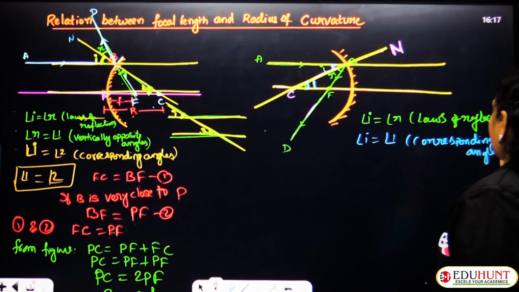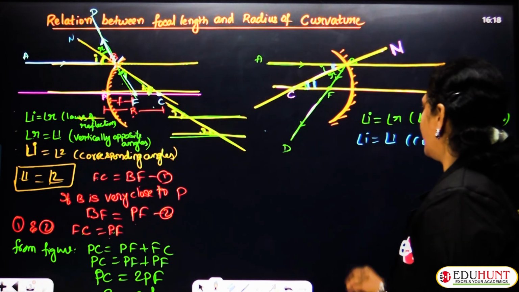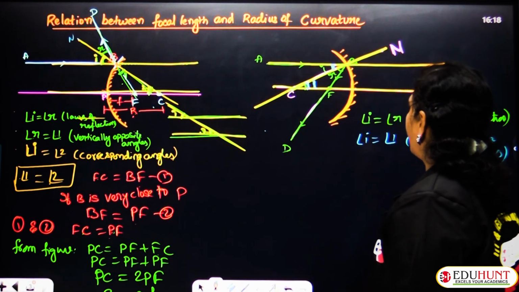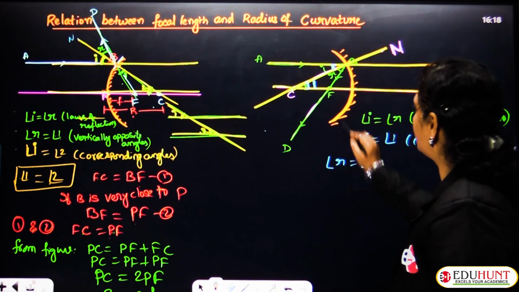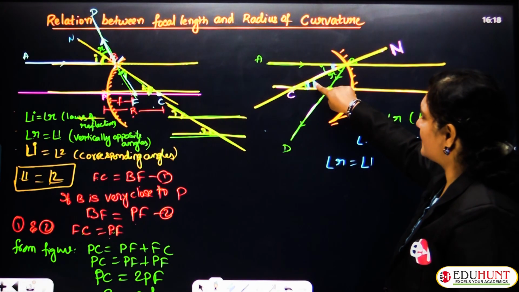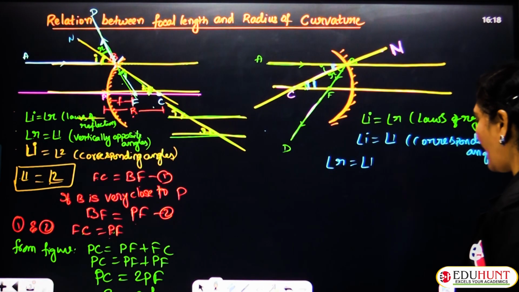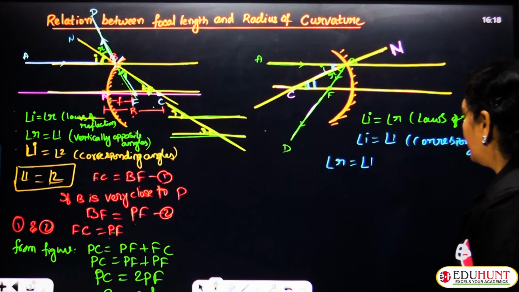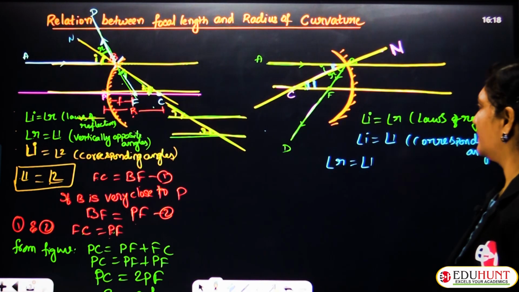So from the two relations, since I is equal to R and I is also equal to angle 1, we can conclude that angle R is equal to angle 1. So in this triangle, two angles, 1 and R, are equal. If two angles are equal, then the opposite sides of those angles are also equal.